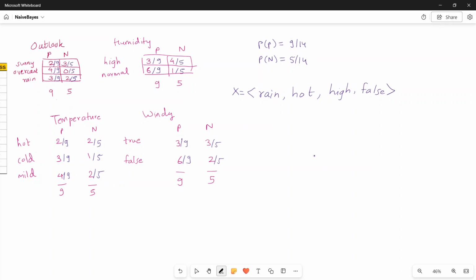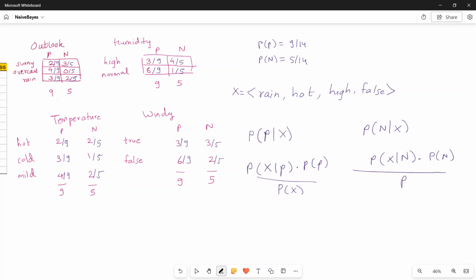So what are we going to compare? We are going to compare the probability of p given x with the probability of n given x. Now this is equal to probability of x given p multiplied by probability of p, divided by probability of x, and probability of x given n multiplied by probability of n, divided by the probability of x again.